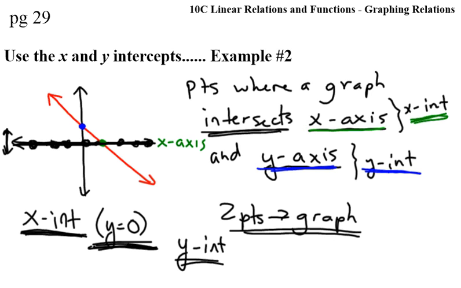What do we know about any y-intercept? Any point on the y-axis that intersects. How do we intersect on the y-axis? Well, we don't move left or right, which means our x value will always be 0 for a y-intercept. So we'll use that and take a look at what that means.